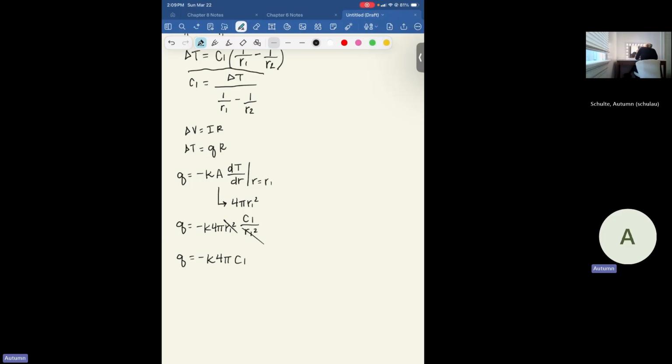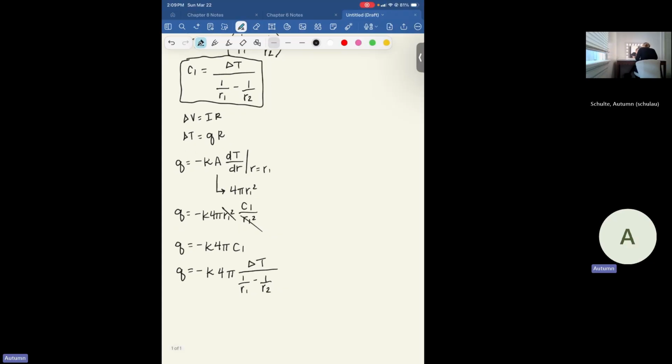We already established up here what our C1 is, so we can plug that in. So our heat flow Q is equal to negative K, our thermal conductivity, multiplied by 4 pi, multiplied by a change in temperature delta T divided by 1 over R1 minus 1 over R2. And we can rearrange this to look like this.